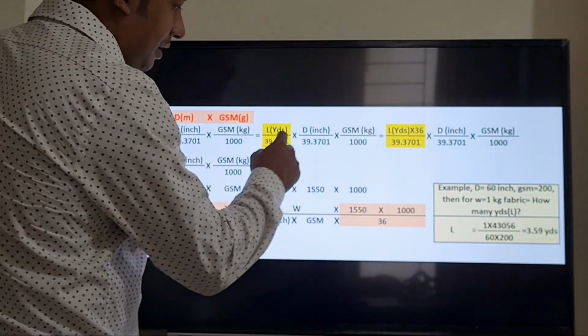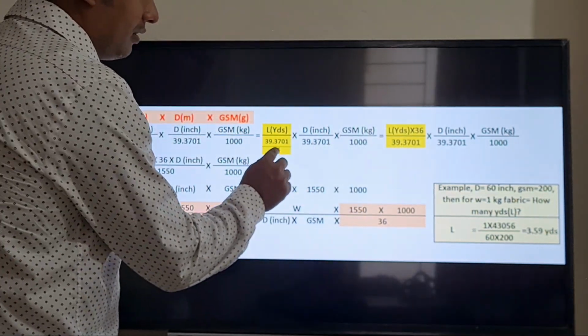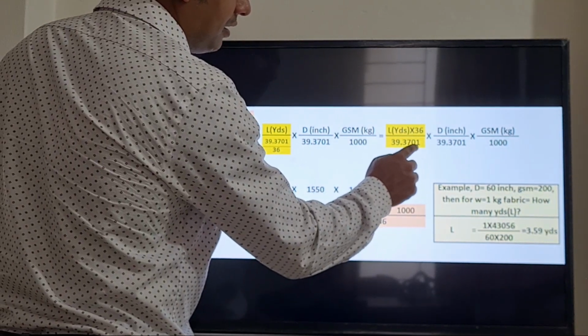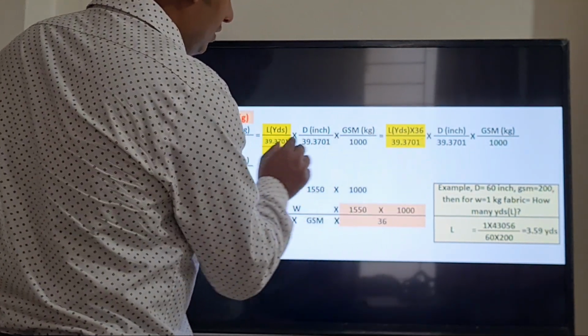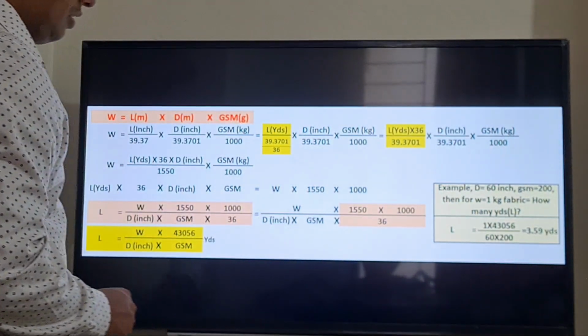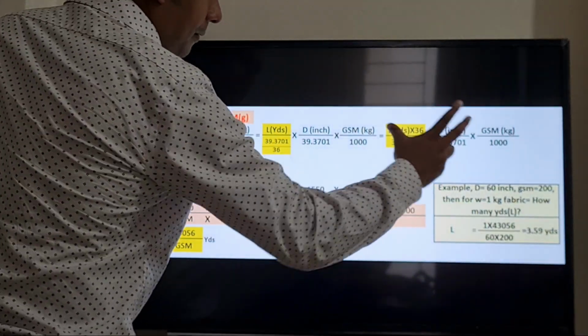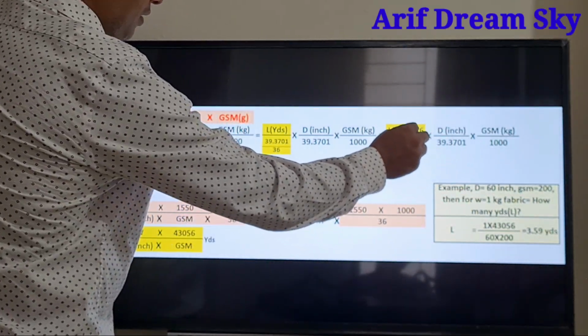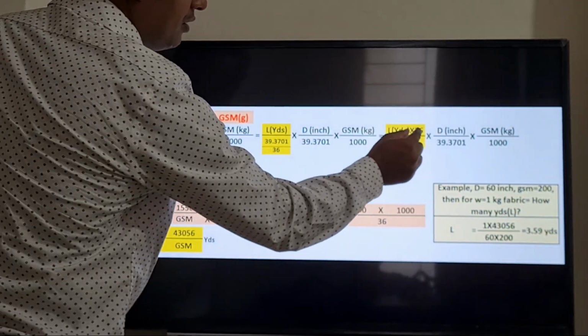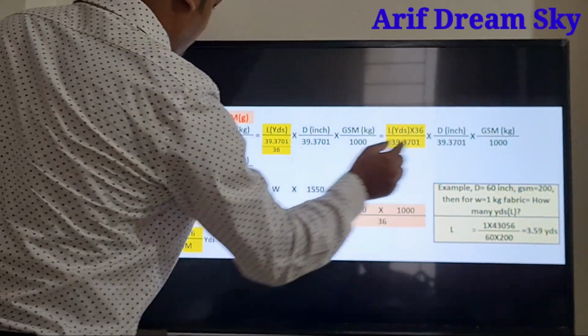If we simplify, the 36 goes above, multiplied and divided by 39.3701, and the dia and GSM are the same. So weight equals length into 36 into dia into GSM.